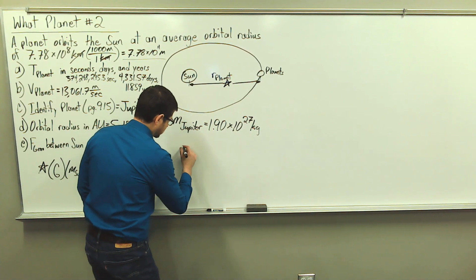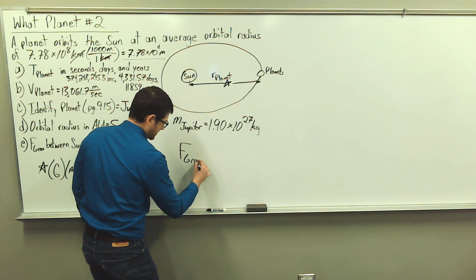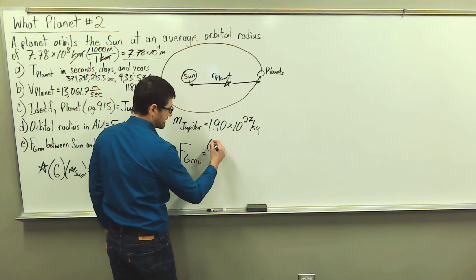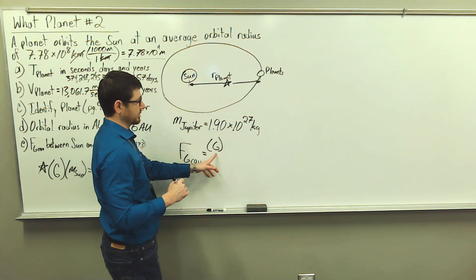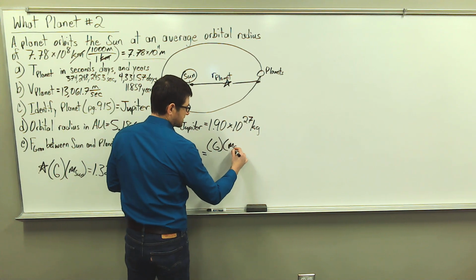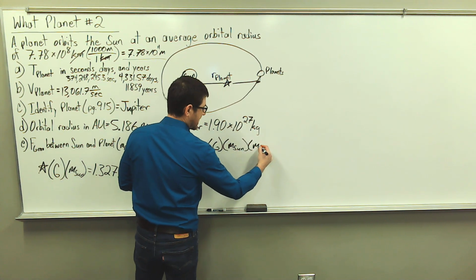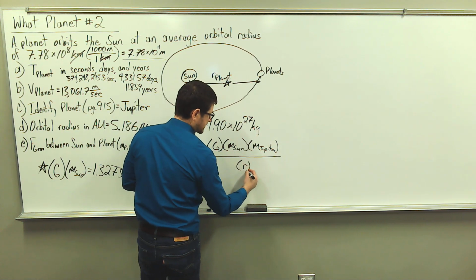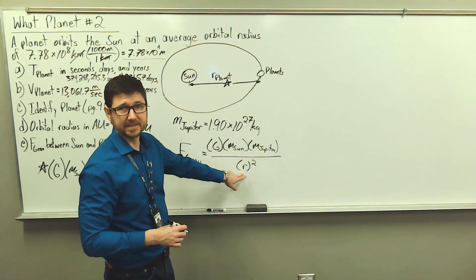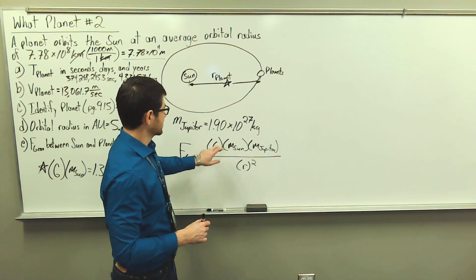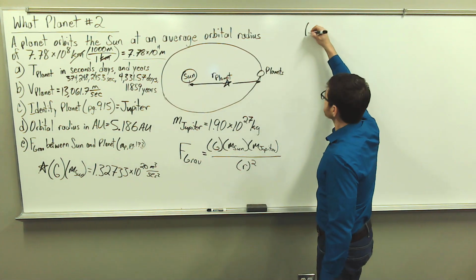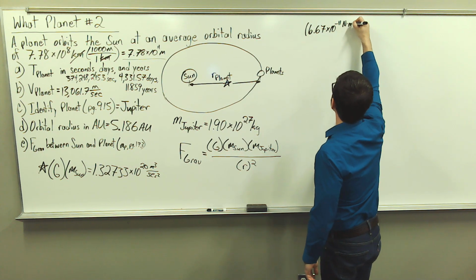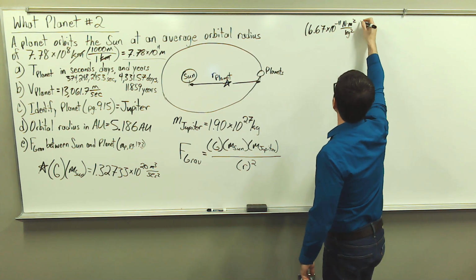We're going to use the equation, the universal law of gravitation. So the force of gravitational attraction is equal to the universal gravitational constant times the mass of the Sun times the mass of Jupiter, divided by the center to center distance. And this has to be in units of meters, okay? So here we have 6.67 times 10 to the negative 11th newton meter squared per kilogram squared.